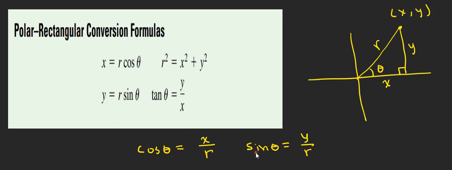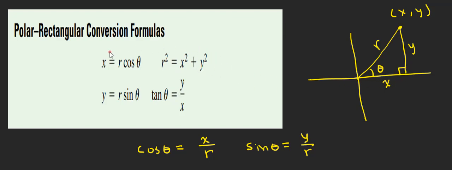And sine theta is y over r, so when you multiply both sides by r, you get y equals r sine theta. And you know that tangent theta is y over x. And you get r squared equals x squared plus y squared using the Pythagorean theorem.